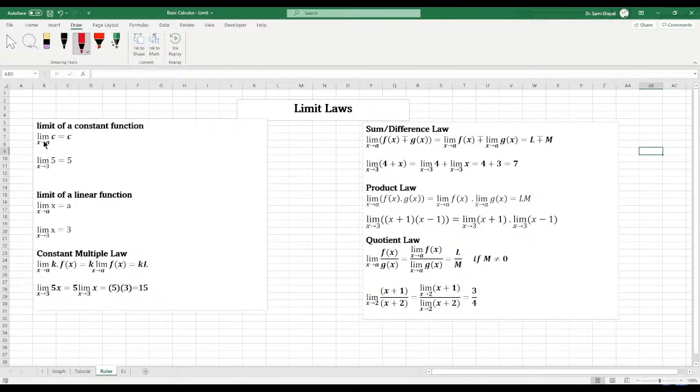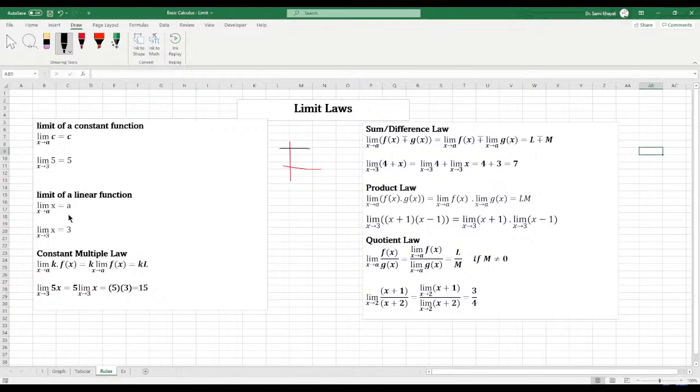Law number 1: the limit as x approaches a, any real number, of a constant is equal to that constant. Example, the limit as x approaches 3 of 5 is 5. Why? Because if you draw it, this is y equal to 5. Whatever x is, it will give you 5. This is the first law.